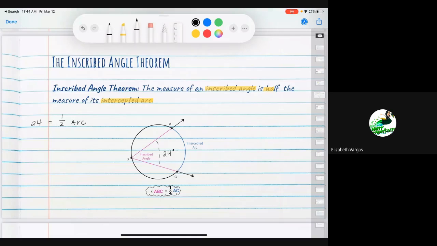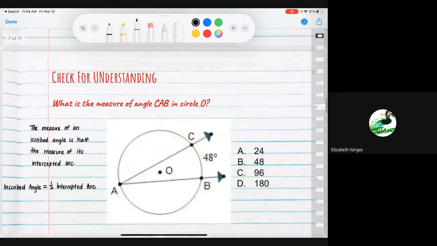To solve for this, we multiply by 2 on each side. And so we find that our arc is equal to 48. So our arc is equal to 48 because the angle is half the measure of that arc. Okay? 24 is half of 48, sorry. We'll look at some more examples.